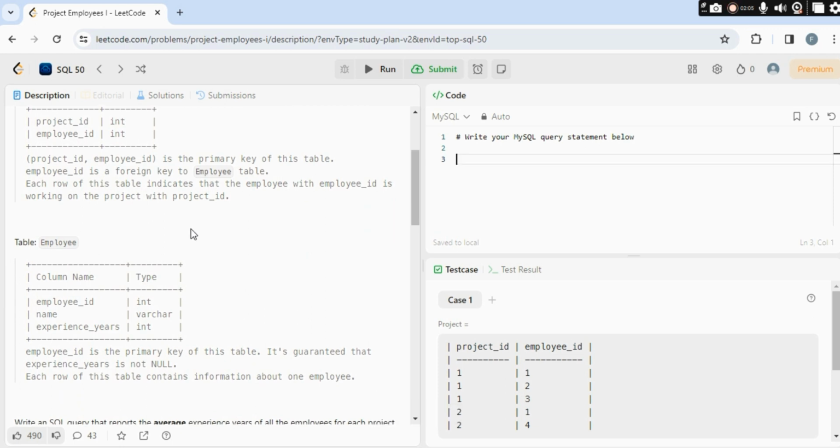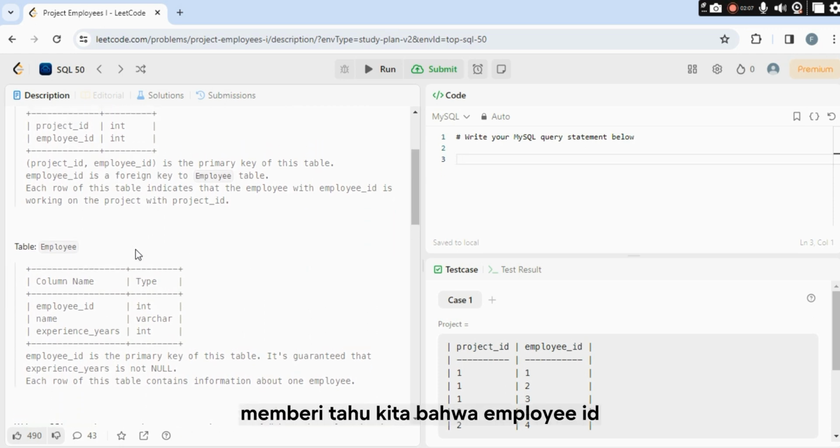And the other table, employee. The information tells us that employee ID is the primary key of this table, and it's guaranteed that experience years is not null.